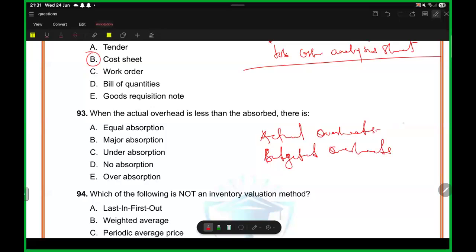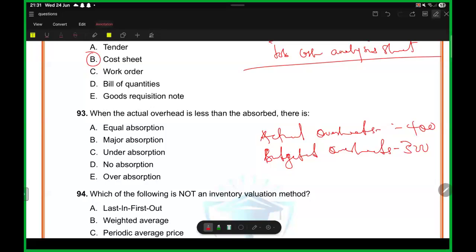So if actual overhead is, let's say, I budgeted for 500, actual is 400. That means I over budgeted, so over absorbed. If the absorbed is more than the actual, we call it over absorbed. If the absorbed is less, in the case of 300, less than the actual, we call it under absorbed.